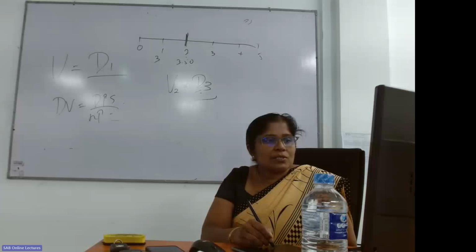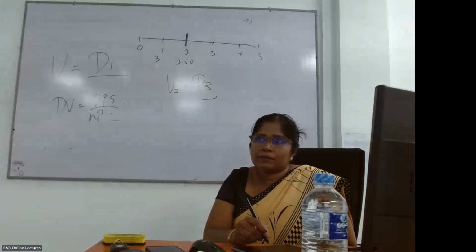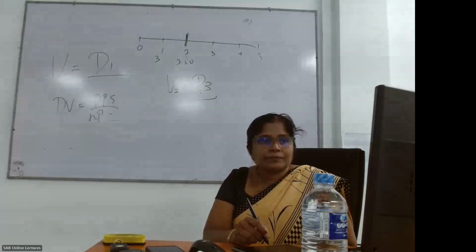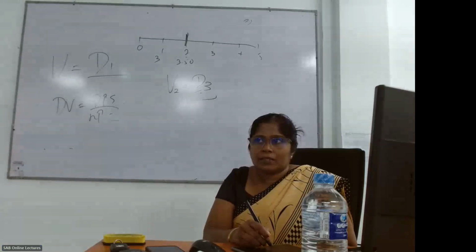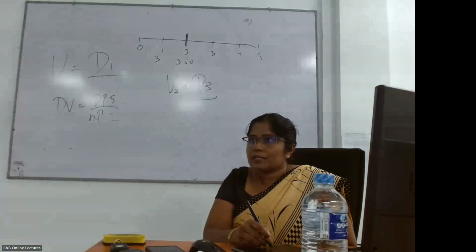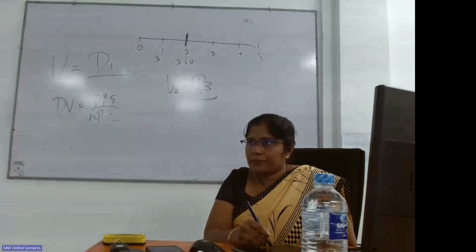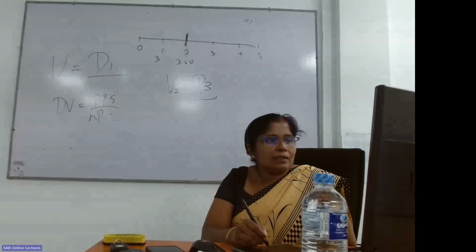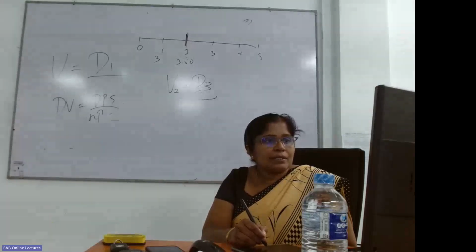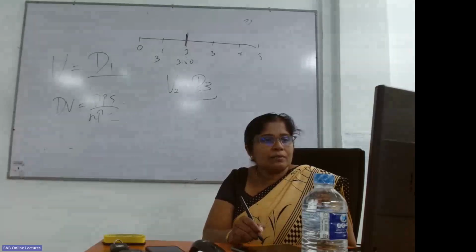So then the value of the stock is equal to, how much is D1? 7.35. 7.35 divided by the required rate of return 10% minus the constant growth rate.